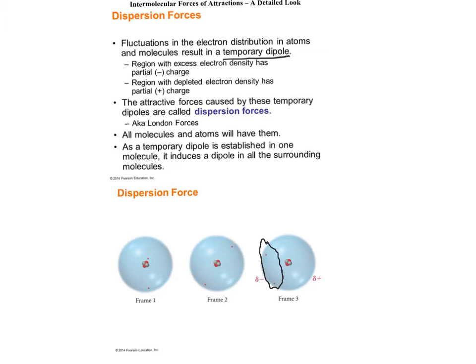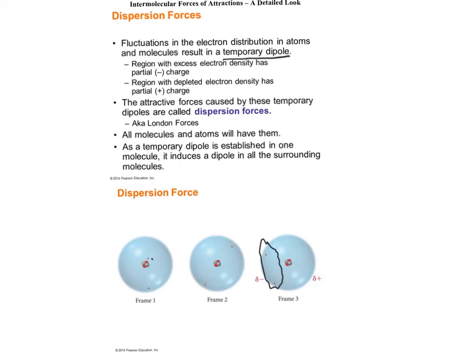So if we're using just the 2 electrons here in this helium molecule, here's a helium where there's an electron here and here, so they're on either side, there's an electron on both sides of the atom. But periodically, every now and then, the electrons will be found more on one side than the other side.